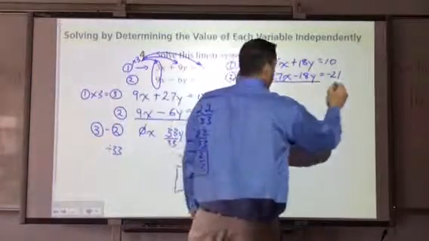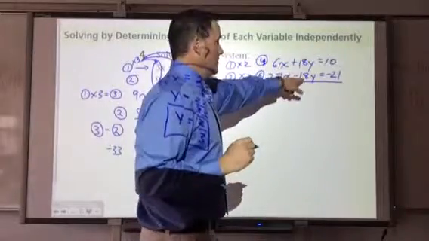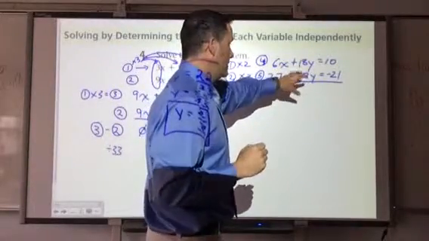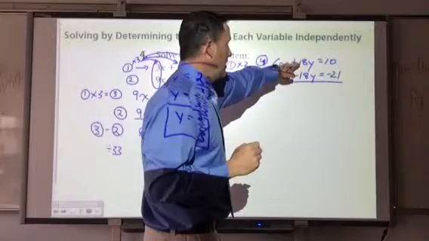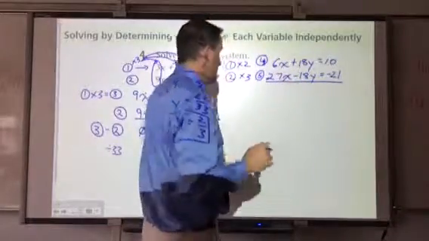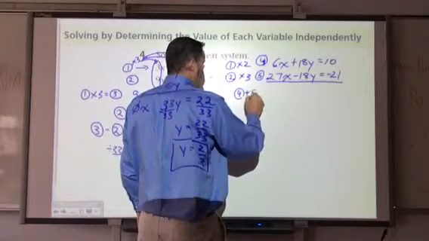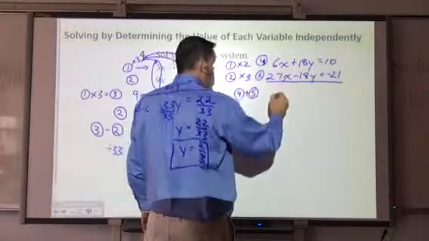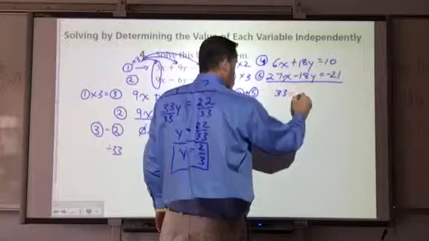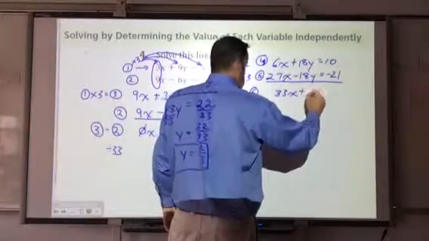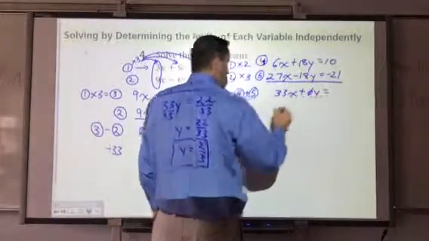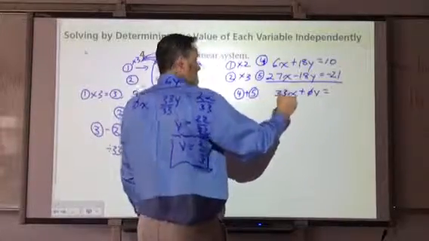I have the same coefficients, opposite signs. So that means I need to add to cancel. 18 plus a -18 will make 0. So I take equation 4, and I add equation 5. So 6 plus 27 gives me 33x plus 0y equals -11.